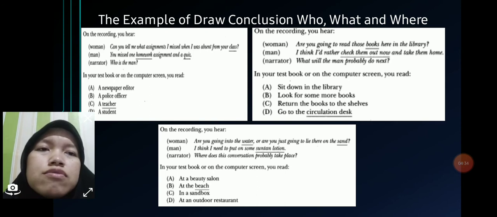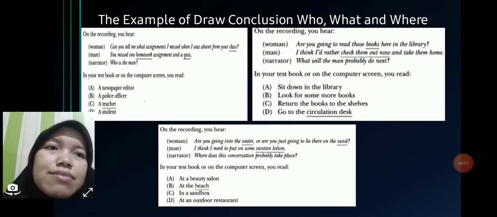According to these words, what is the conversation talking about? The narrator asks, who is the man? What is the answer? C, a teacher.